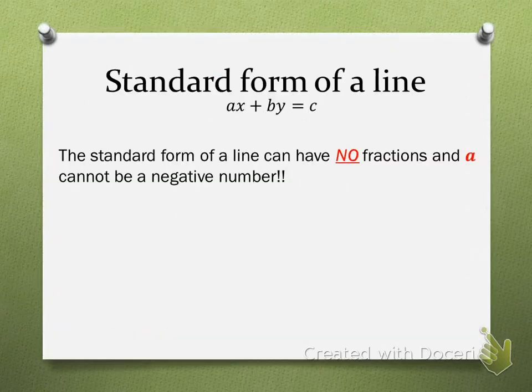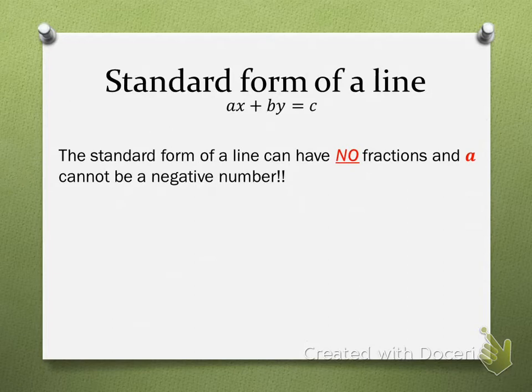So, here's a couple rules for standard form. The first rule is it can never have any fractions. There are no fractions at all allowed in an equation for standard form. And also, the a, or the number in front of x, our first term, can never be negative.